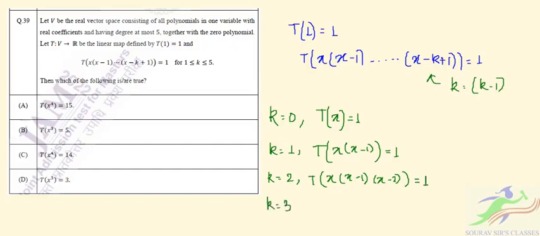For k equal to 3, T of x(x minus 1)(x minus 2)(x minus 3) equal to 1.